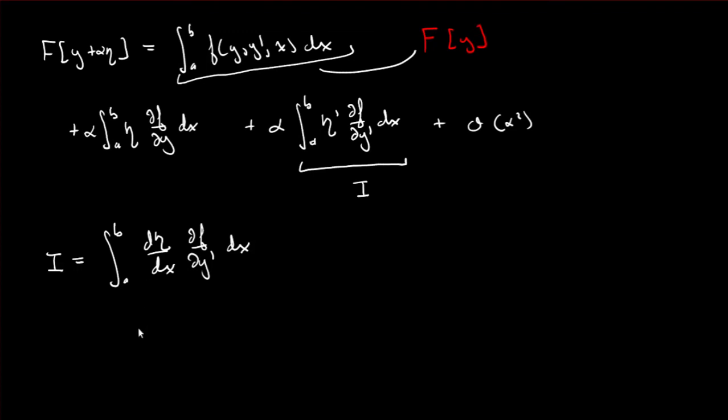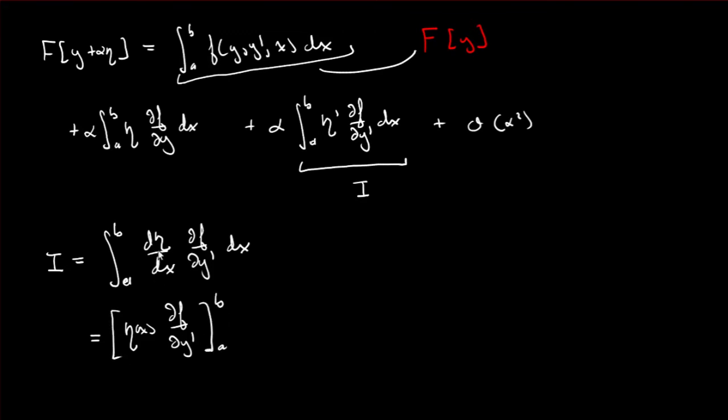And now you can probably see how we're going to simplify this, because this is a derivative with respect to x times something that's not differentiated with respect to x, and the integral is with respect to x. So to simplify this, we are completely within our rights to use the integration by parts technique. So we write this is eta of x times df dy prime, and this has got to be evaluated from a to b.